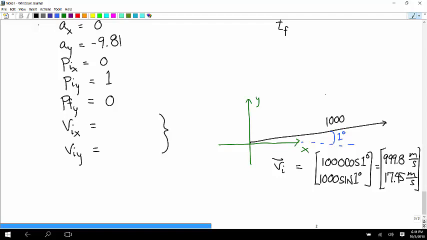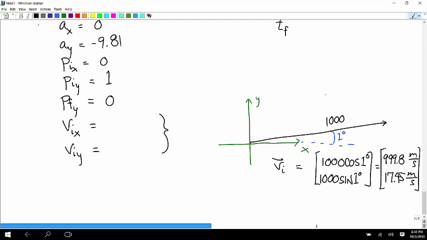You might think that this one's going to be 0.2, but that's not how sine and cosine work. And so what we have here is that the bullet's going so fast that even though it's almost entirely horizontal, it's still vertically going 17 meters per second up when it's released. Okay, 17 meters per second up is over 35 miles an hour.